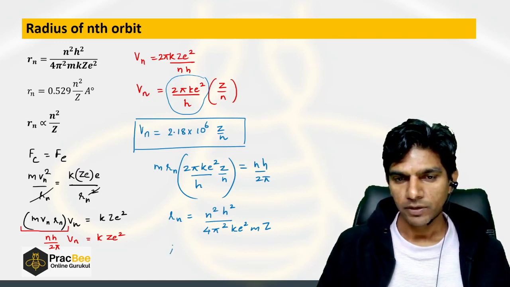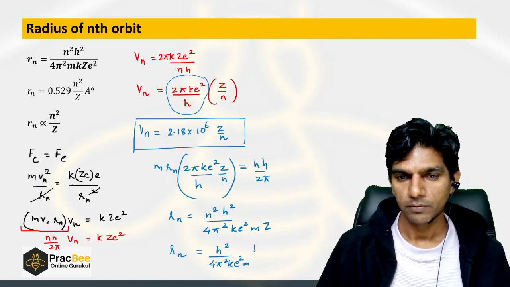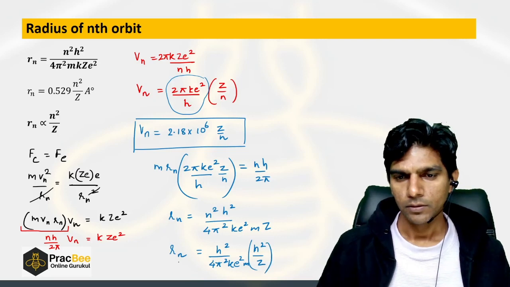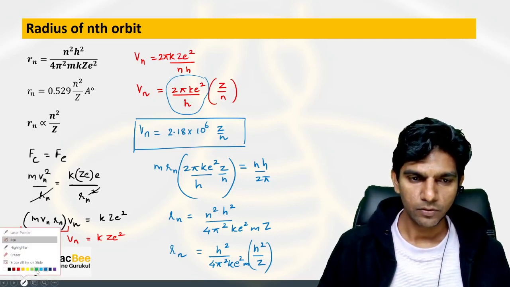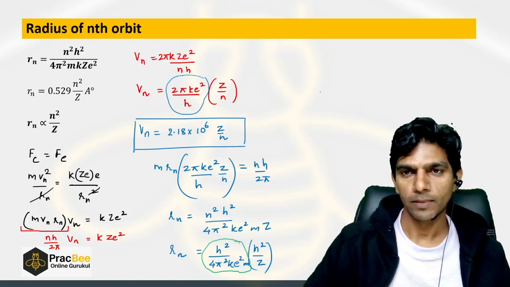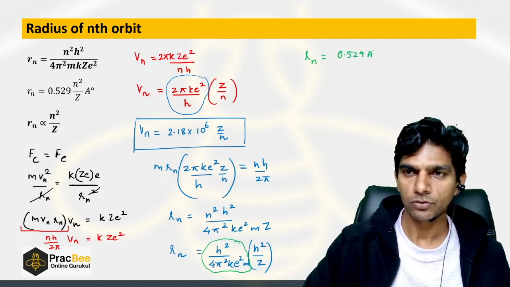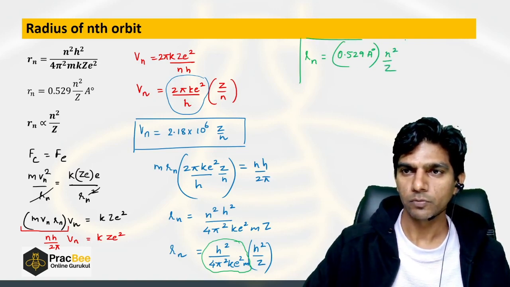So we can say Rn is equal to h square upon 4 pi square k e square m times n square by Z. Again, there is a factor which contains known quantities. So if we simplify this, we will get the radius of the nth orbit as 0.529 angstrom times n square by Z. So do remember this formula.